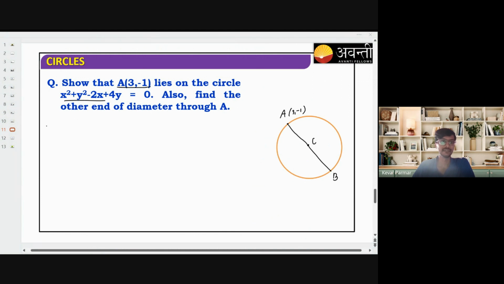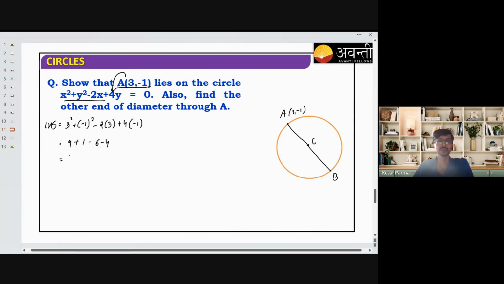So let's see what will be the LHS if I substitute this point in the equation. What I'll get? I'll get 3 square plus (-1) square minus 2 into 3 plus 4 into -1. What is this equal to? 9 plus 1 minus 6 minus 4. Correct?